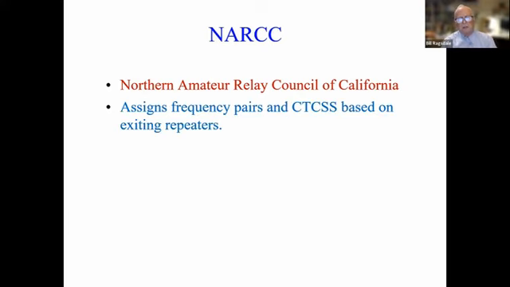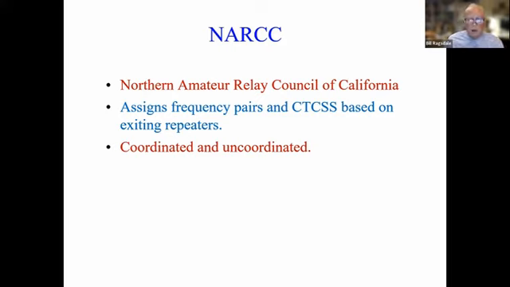They assign the frequency pairs and the CTCSS tones since they maintain a database of all repeaters in the area. They look at your elevation, the surrounding area, and the CTCSS tones in use, and will either suggest the proper unit or issue coordination.